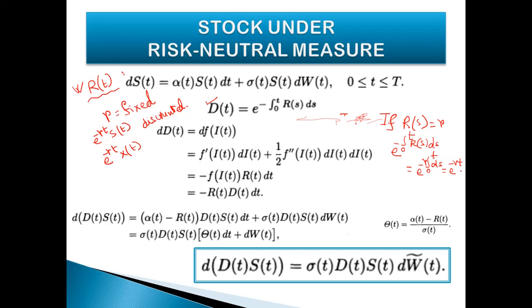Now consider dS_t. Maybe this alpha, last time I think we used mu_t. It's the same thing, we just changed the notation. So this was mu_t S_t dt last time, now we write alpha_t S_t, but it's the same thing. So dS_t is alpha_t S_t dt plus sigma_t S_t dW_t. Now we have to find d(D_t S_t). This means we have dD_t multiplied by S_t, plus dS_t multiplied by D_t.